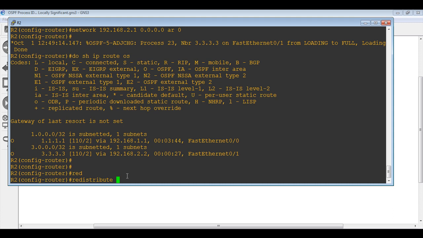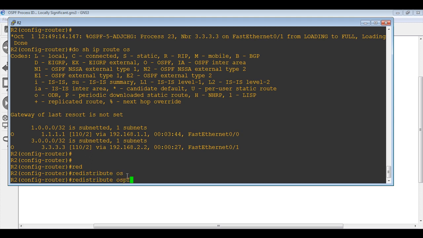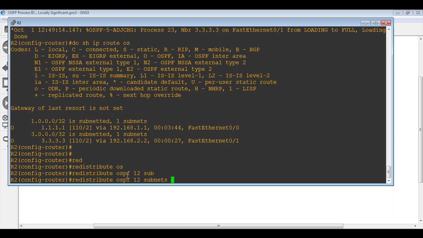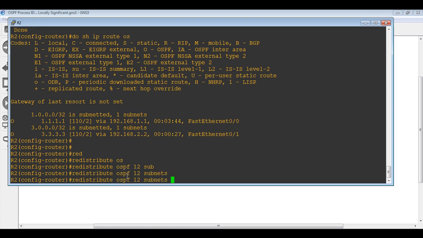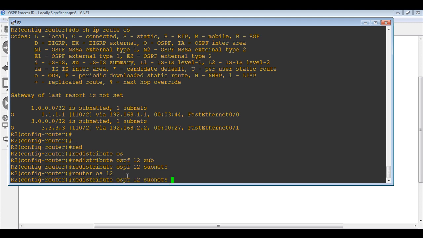So here I will redistribute OSPF process number 21 subnets to the 23, and then I will go to process number 21 itself, and I will redistribute process number 23.